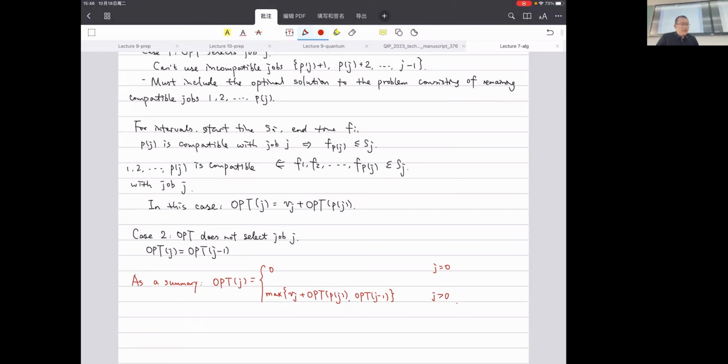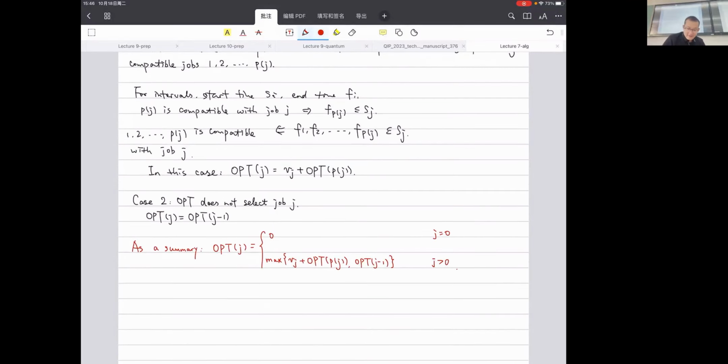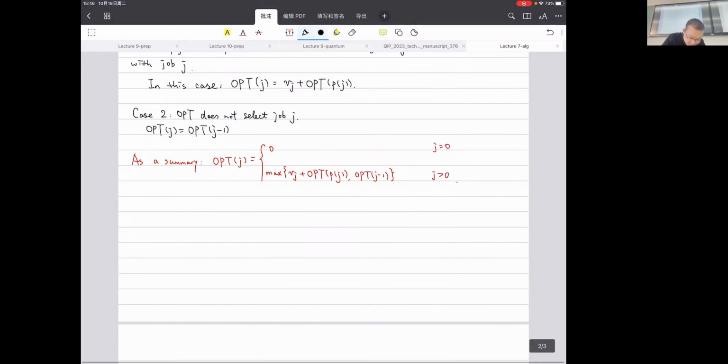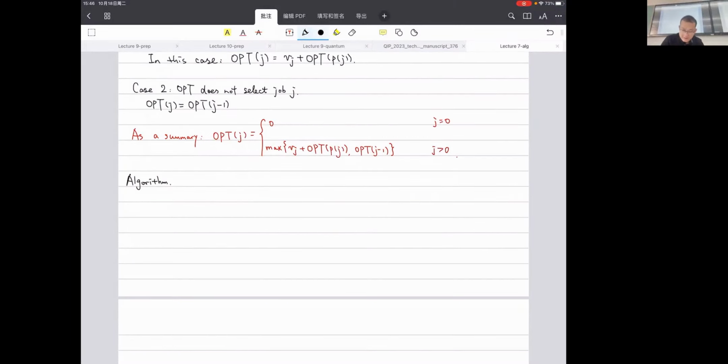Okay, so if you don't have any further questions about this recurrence relationship, the next thing is that we need to think about how to solve this, and basically we need to give an algorithm for that. So let's think about an algorithm for this problem. The input is going to be n intervals, with the starting times, the finishing times, and also the values of the intervals.